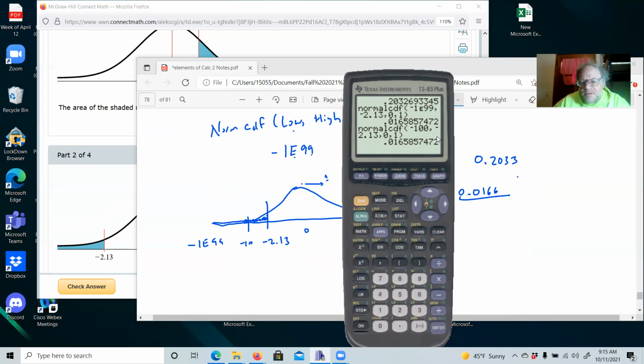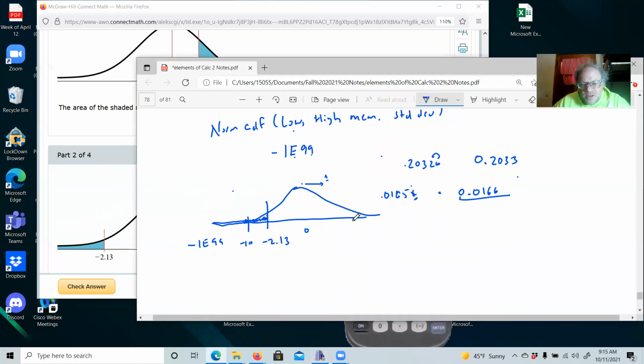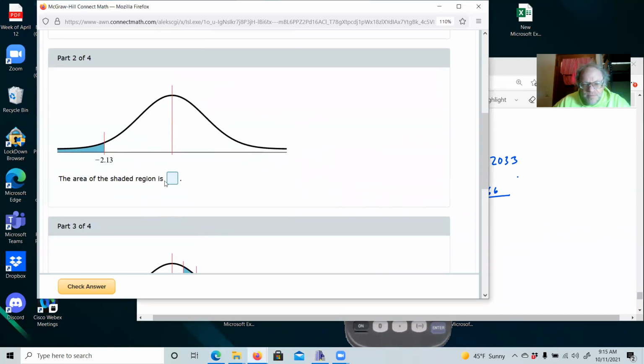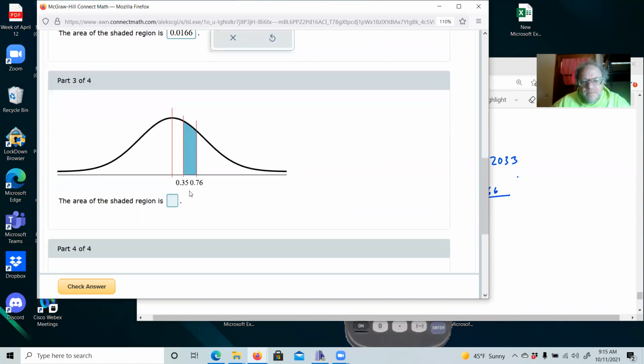It's the same number. So whatever makes you happier to type in, type that one in. If you read the book and they use negative 1E99, be my guest. I would prefer to use a smaller number, not as many key presses. So there's my value here, 0.0166.